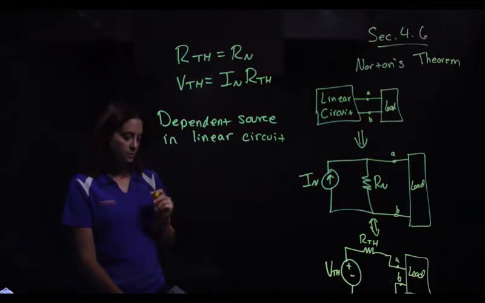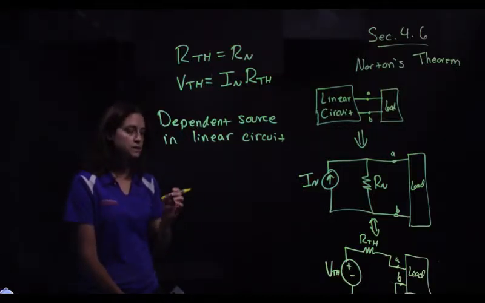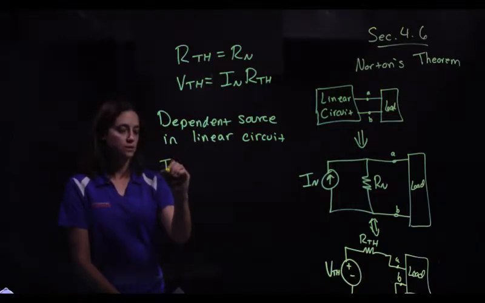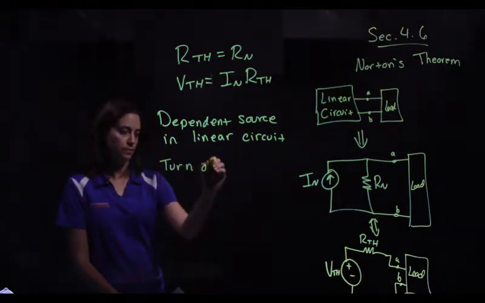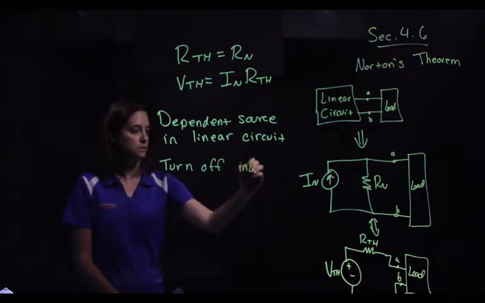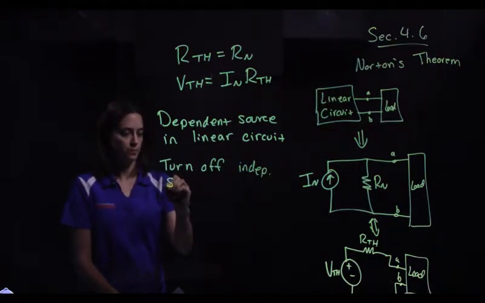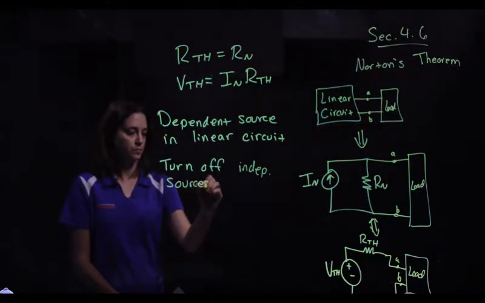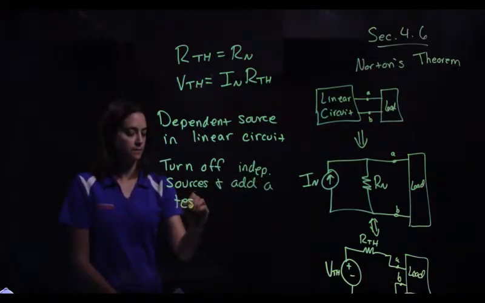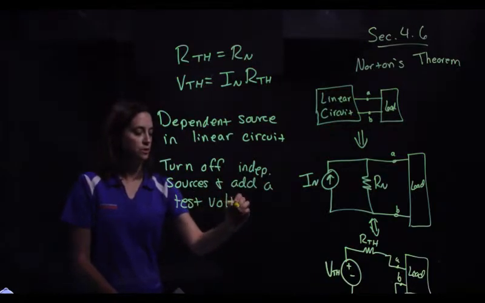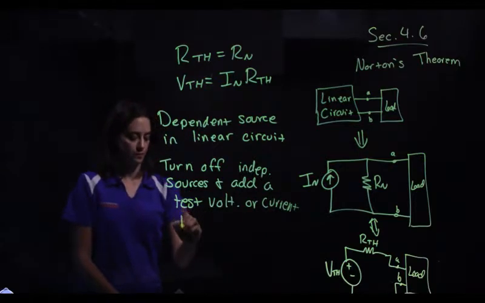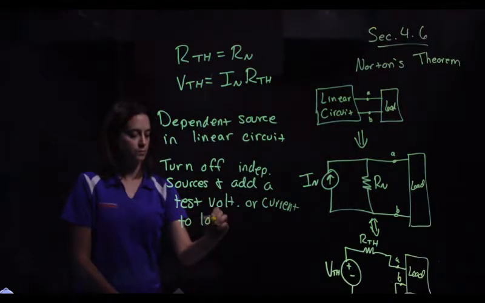For a dependent source in a linear circuit, one of the easy ways to do it is to turn off or deactivate the independent sources and add a test voltage or current to the load.